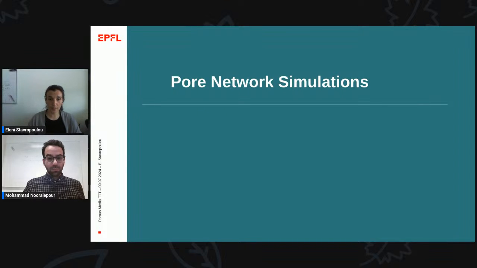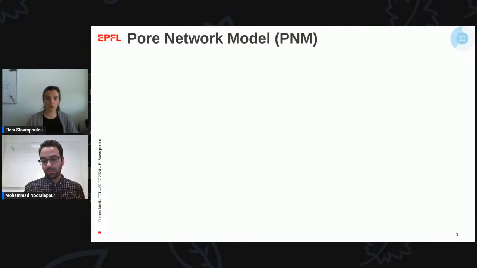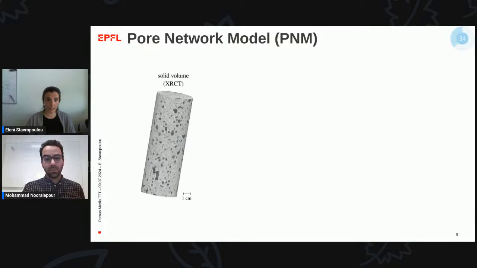It's great that Ali talked about pore network models just before, so I will not have to go into too many details. Let me explain the protocol we followed for this simulation. We use the pore network model directly, using as input the exact information of the material we have from our X-ray images.